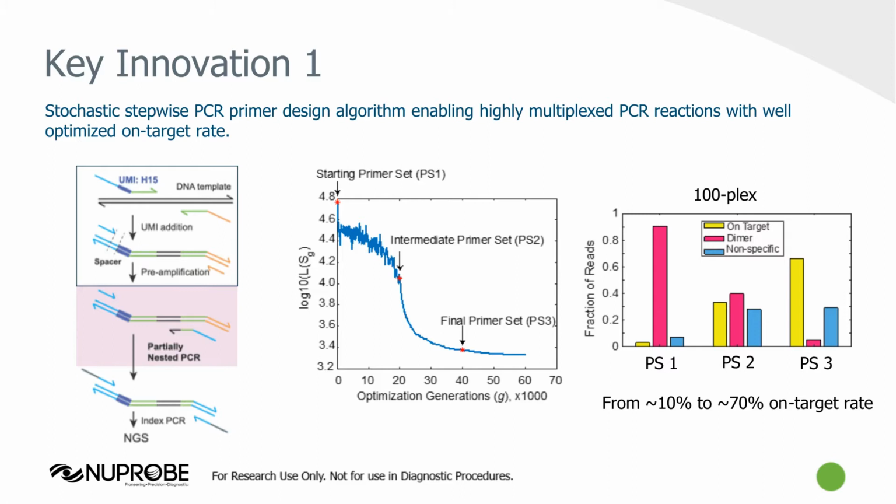In this 100-plex primer design, for primer design sets 1, 2, and 3, we can see that the more optimization involved, the lower the bandwidth score, which leads to a higher on-target rate. With this algorithm, we increased the on-target rate from 10% to 70%, which will benefit both sequencing cost and even higher multiplex NGS panel designs.